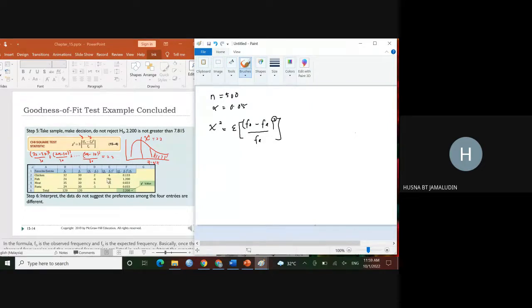Maybe I should just write it like the slide, both are fine. Should we use the slide, or are you okay with whatever? Which one do you prefer? Okay, maybe like the slide so that you can see clearly.